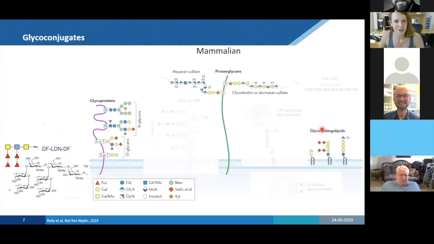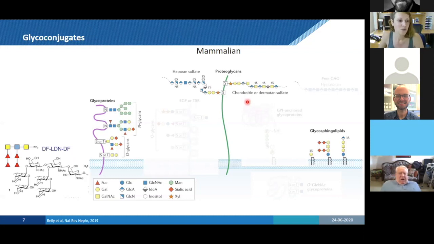So what are glycoconjugates? Glycoconjugates are glycans. They are sugars attached to each other in certain linkages, forming certain sugar motifs. And this is an example of the mammalian glycans that can be present.